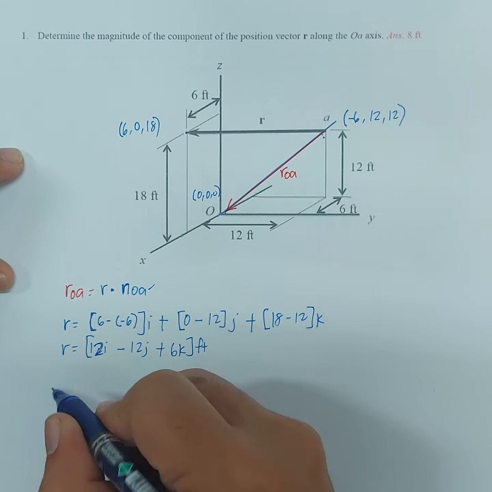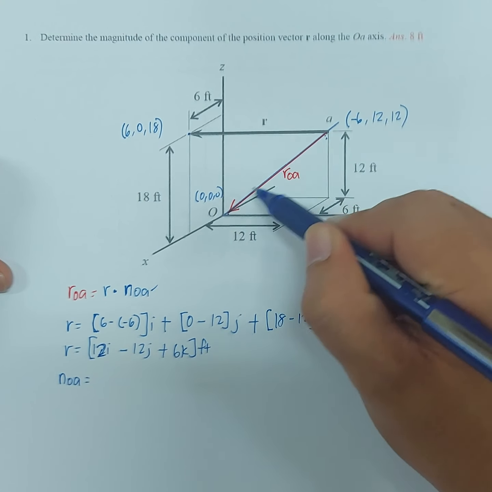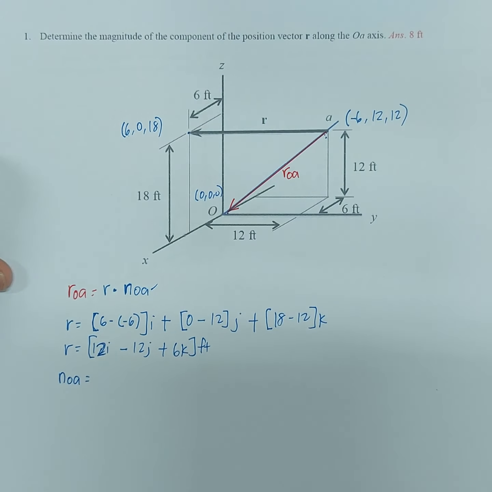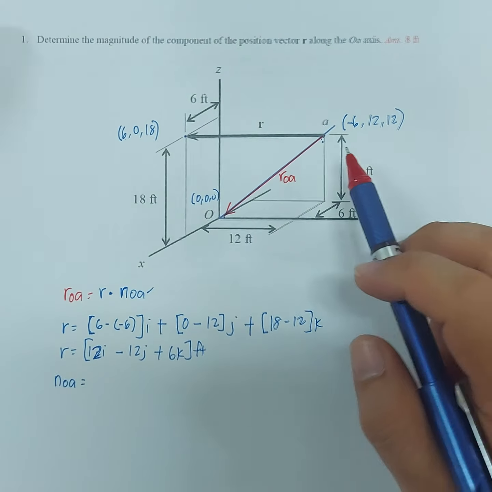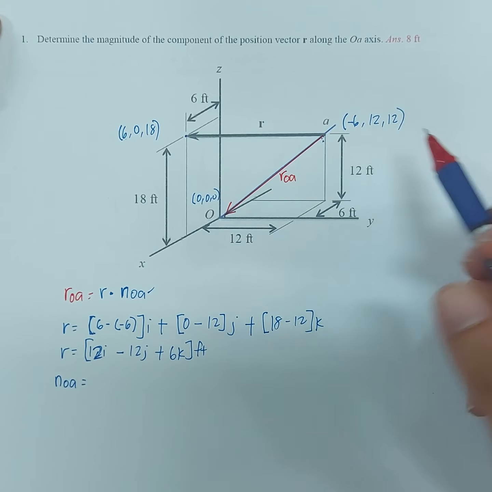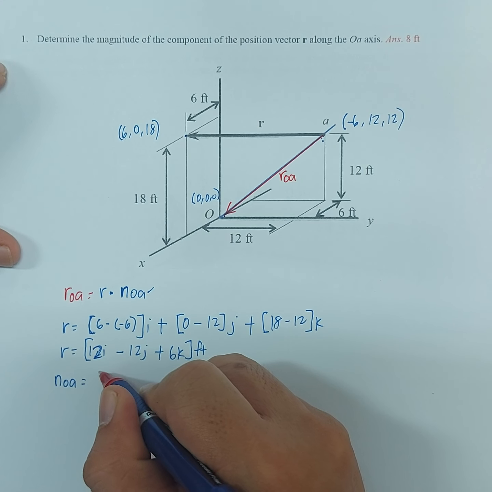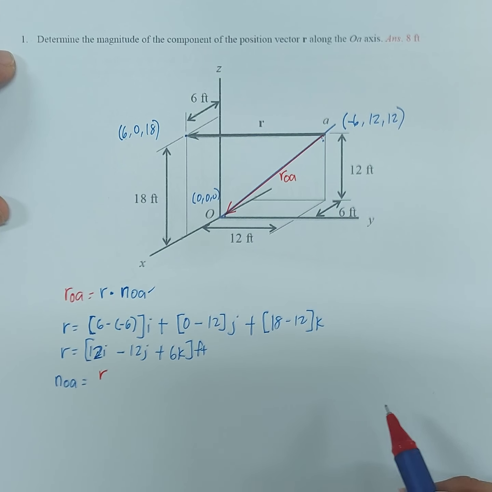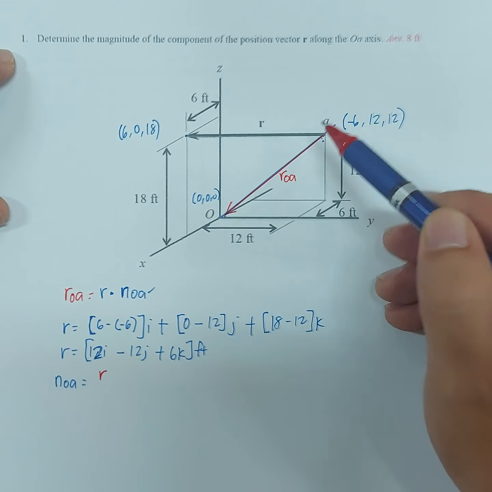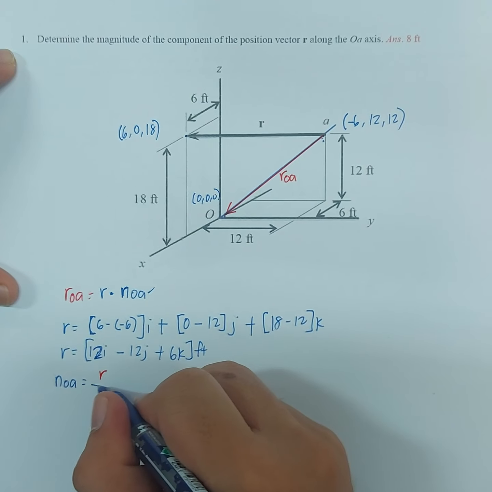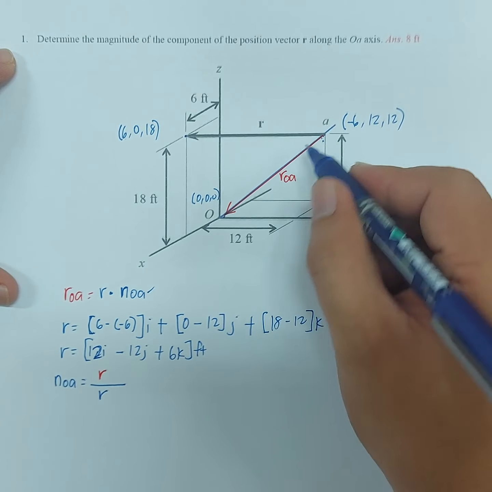So n_OA is equal to the position vector of this axis OA divided by the distance between points O and A. Remember, this is the distance.